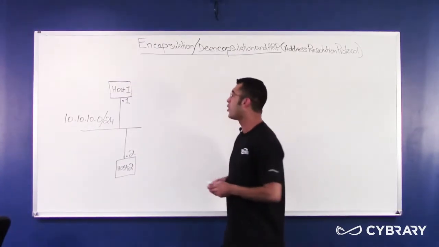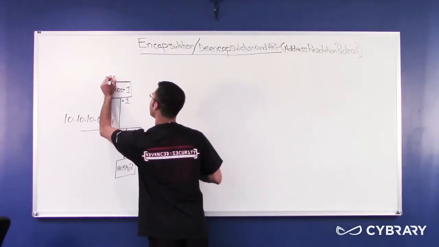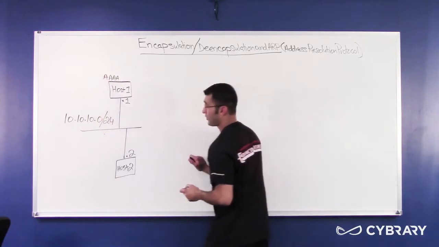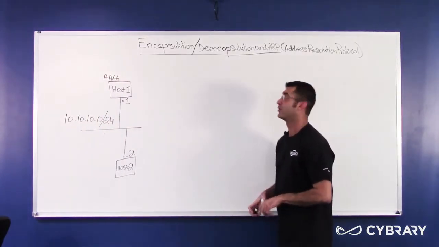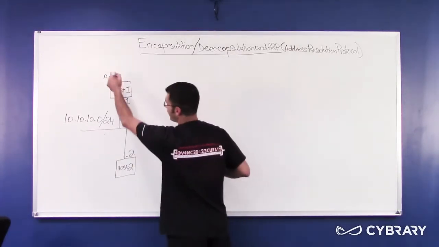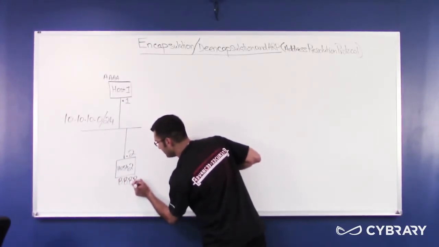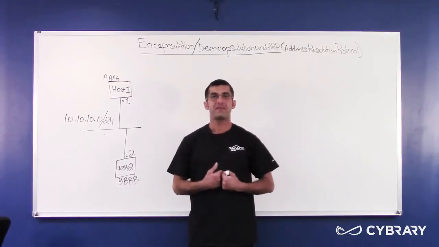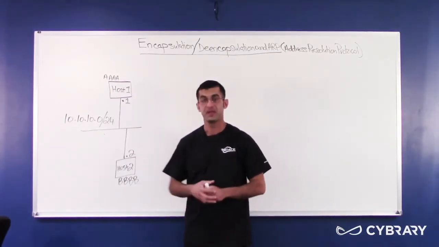Now let's assume host 1's MAC address is A. And of course, as always, this is not 48 bits, it's only 16 bits, but we're going to assume it's A and pretend this is 48 bits. And host 2's MAC address is B.